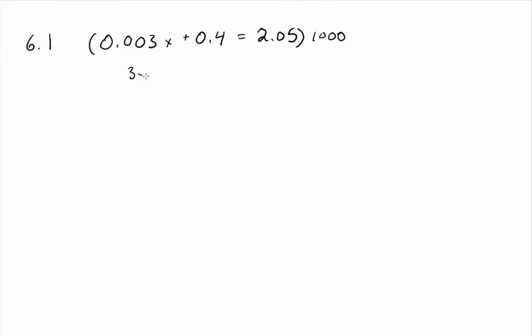So that becomes 3x, goes 1, 2, 3, plus 1, 2, 3. So that's going to be 400 equals 1, 2, 3. And there's our problem.